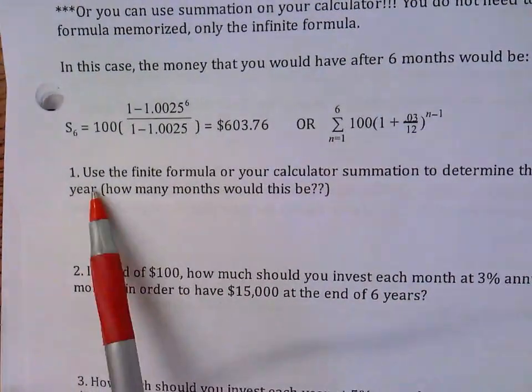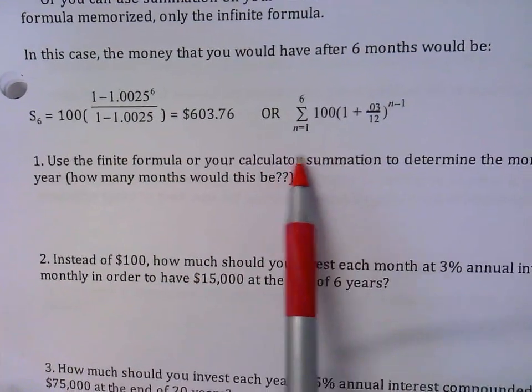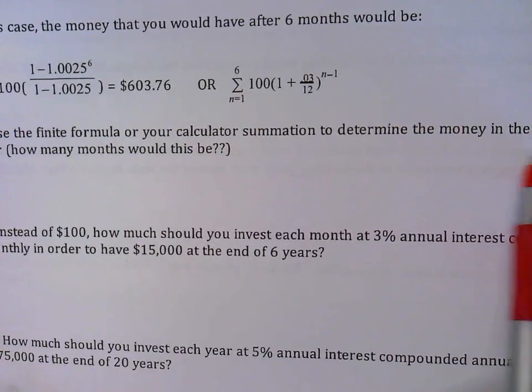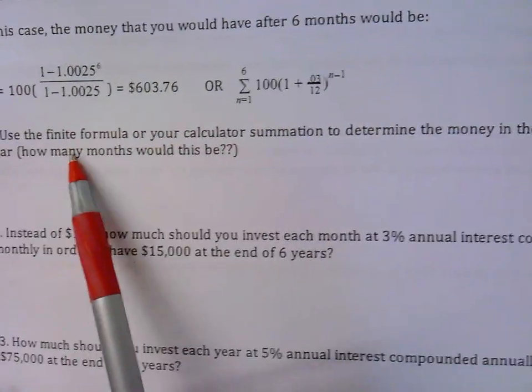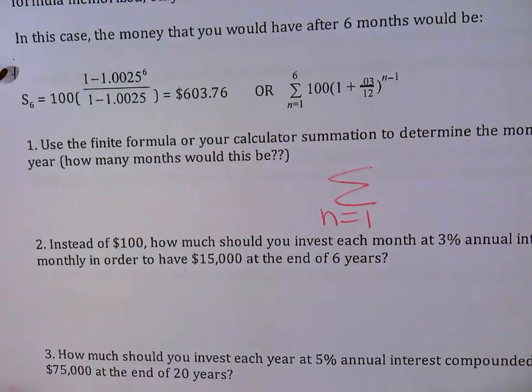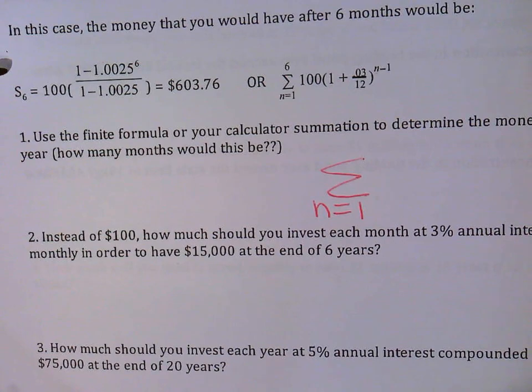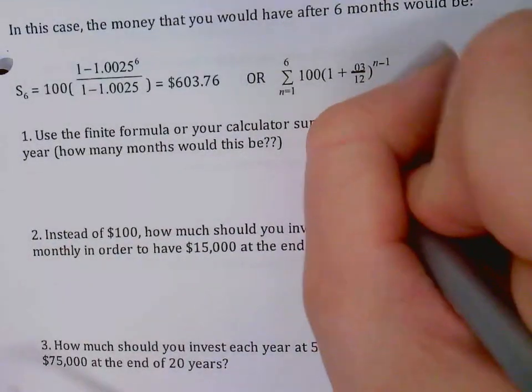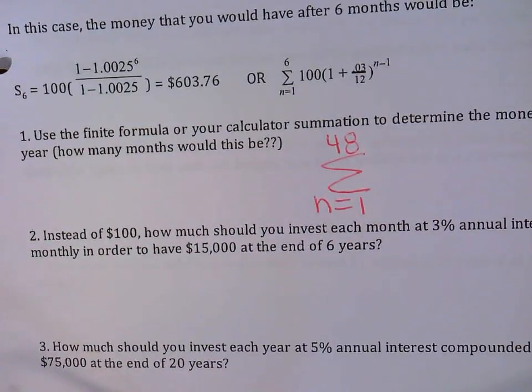So it says, now let's change it. Let's use the finite formula or your calculator to determine the money after 4 years. So here's where that information gets put. In 4 years, how many months will there be? All right, so you will have invested $4,800, right? $100 every single month.